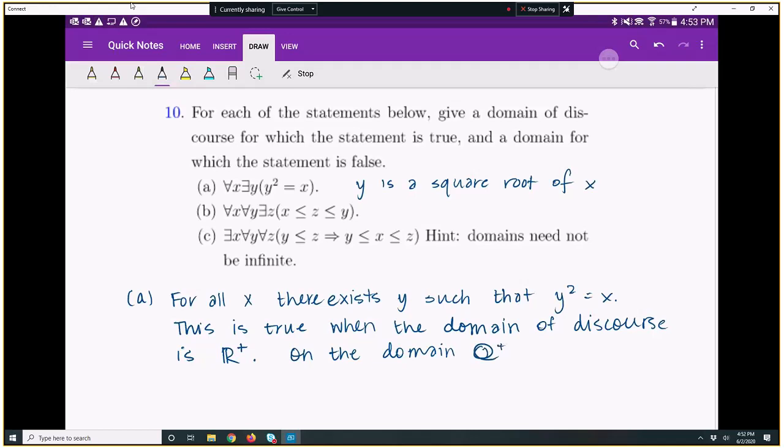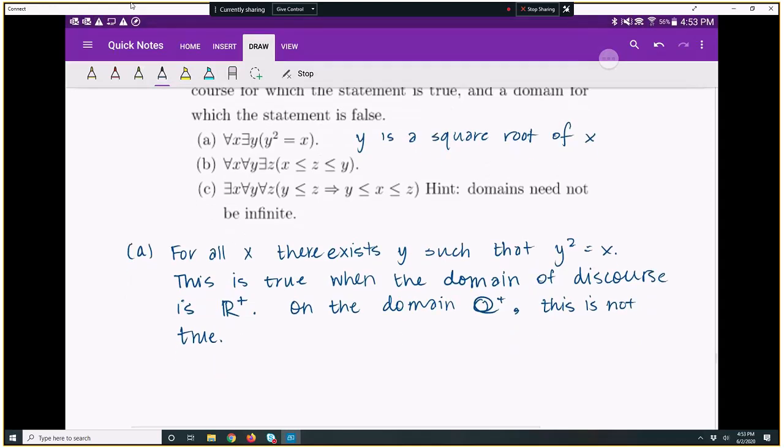Even if we took the positive rational numbers, because, for example, 2 is a rational number, so I could let 2 be my x. Remember, I need this to work for all x, so if 2 is my x, then I cannot find a rational number that when I square it gives me 2. The square root of 2 is not a rational number.